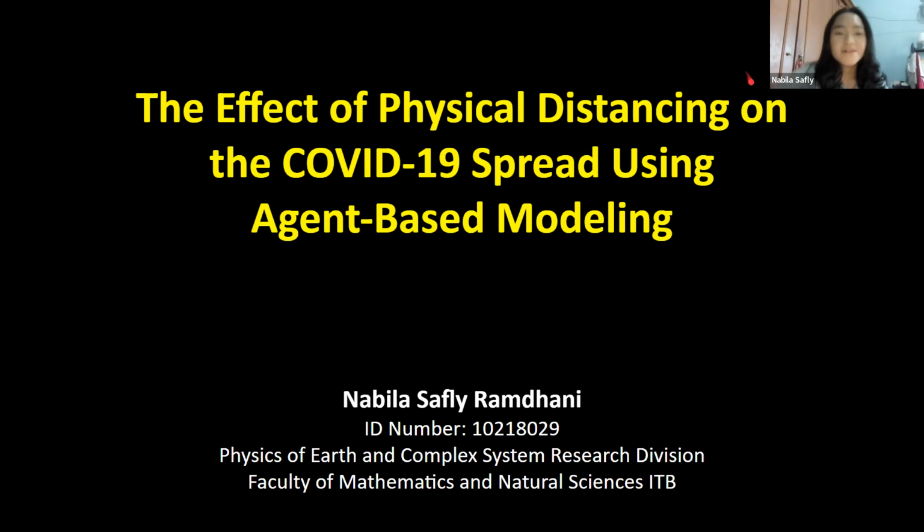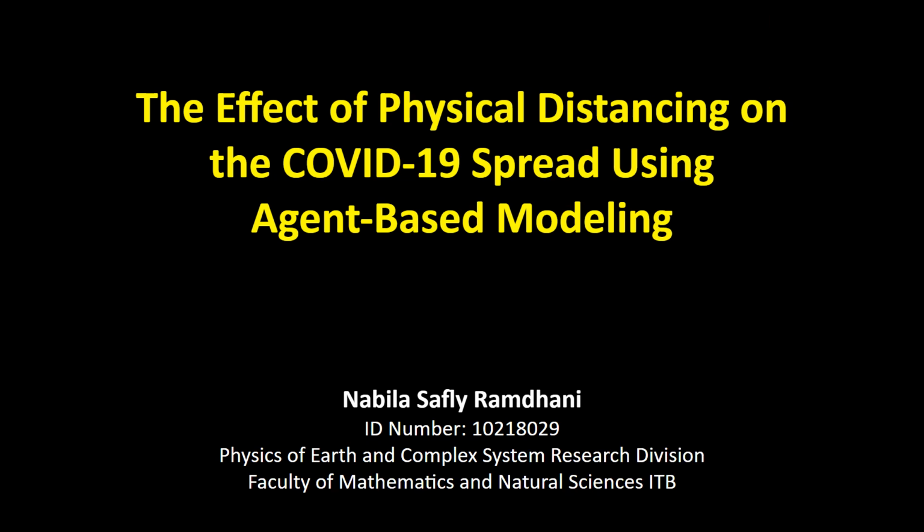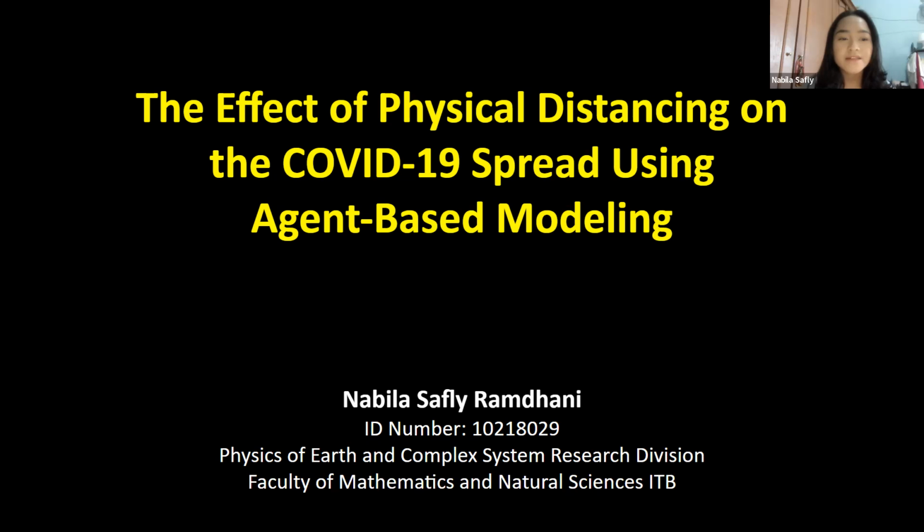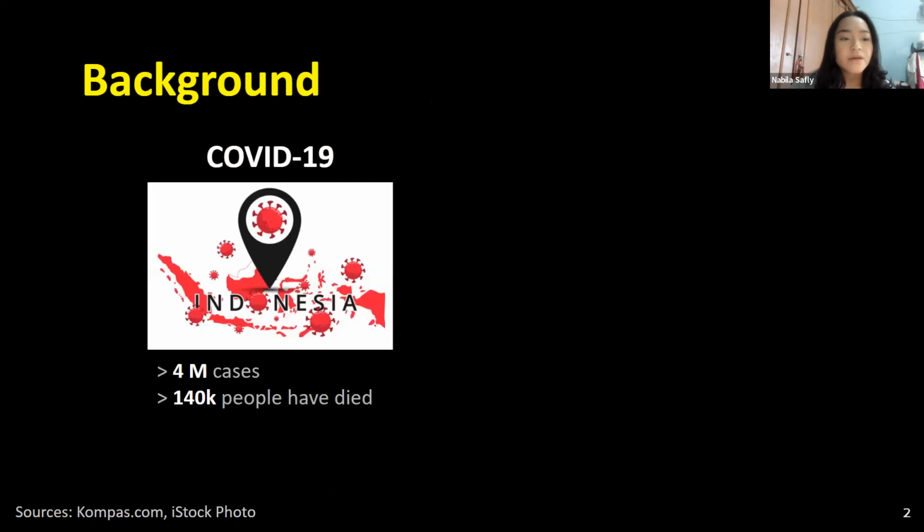Okay. Good morning, good afternoon, Mr. Hari and everyone. My name is Nabila Safli, and today I would like to present my research about the effect of physical distancing on the COVID-19 spread using agent-based modeling. So coronavirus disease, or COVID-19, according to the World Health Organization, is an infectious disease caused by the SARS-CoV-2 virus.